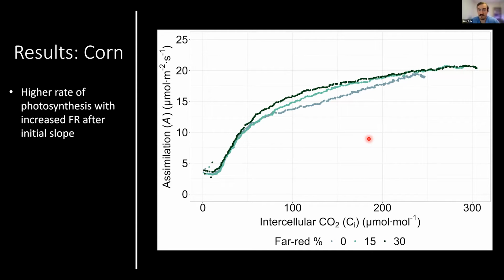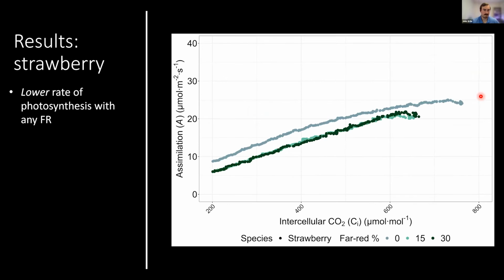And we see a consistently higher photosynthetic rate with far red light than without it across the rest of this figure. I don't have an excellent hypothesis yet as to why this is the case, but it is nonetheless an interesting result to see in this field-grown species.